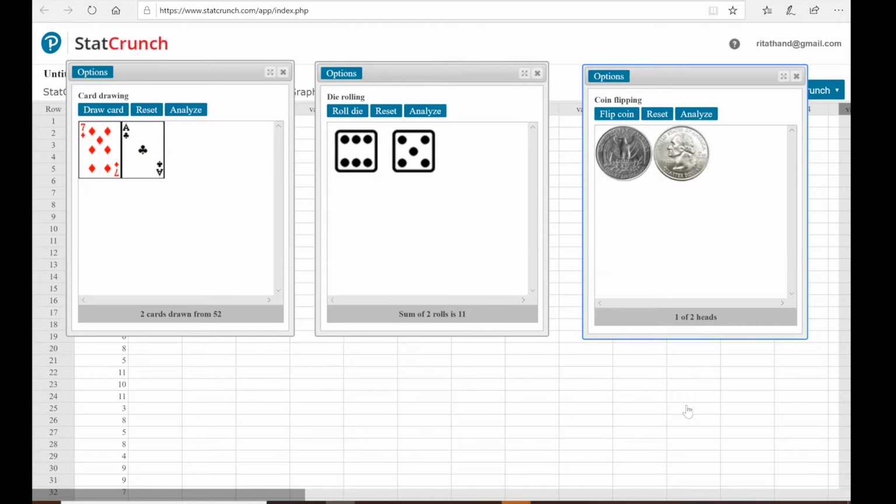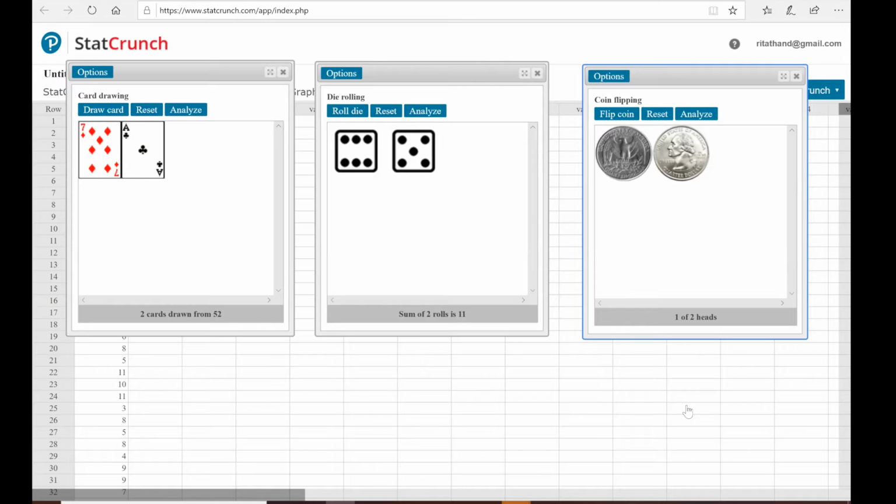So in summary, you get 1 of 2 heads here. And if you look at this rolling die experiment, the sum of the 2 rolls is 11. So 11 can be the outcome of the rolling 2 dice experiment, right? 1 of 2 heads can be the outcome of flipping 2 coins.